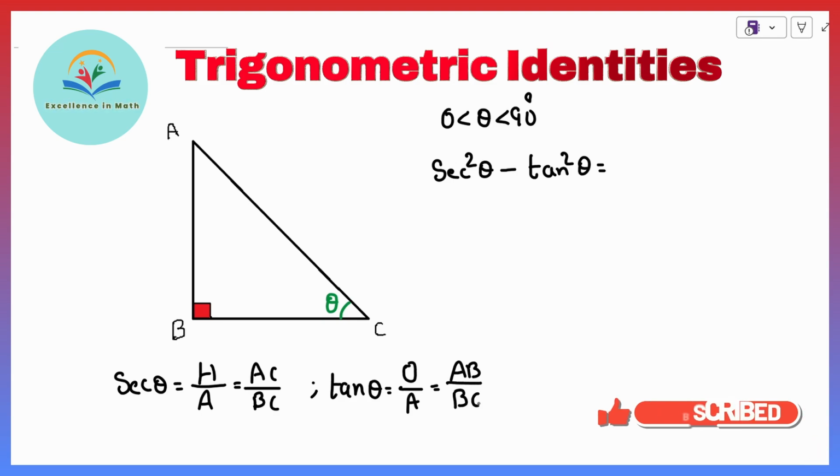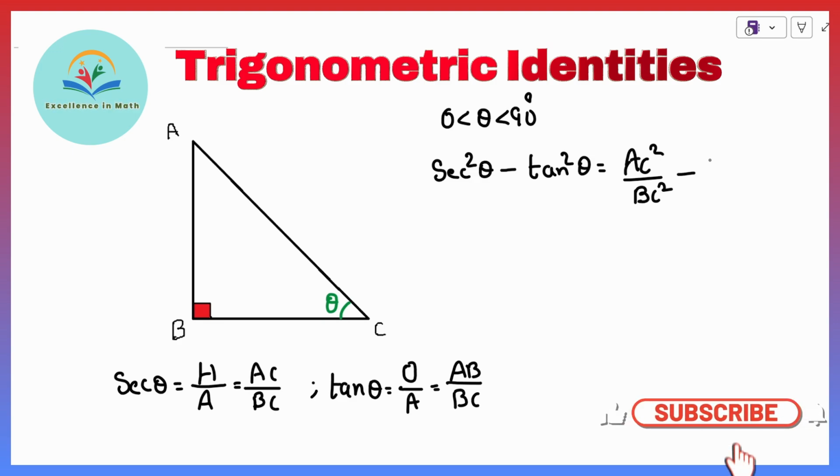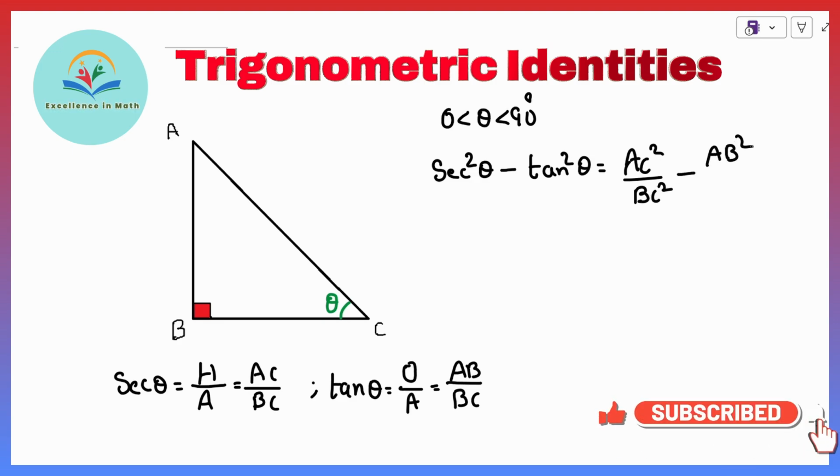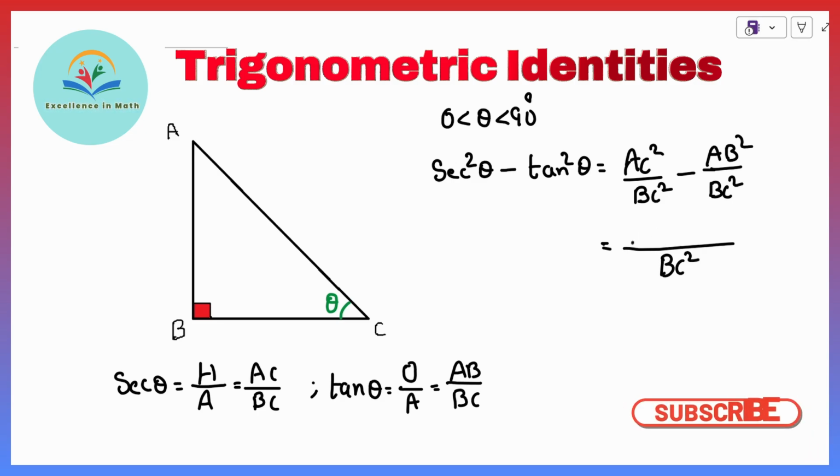Now replace these trigonometric ratios in secant square theta minus tan square theta. That is AC square by BC square minus AB square by BC square. Again we can observe two like fractions here. In case of addition and subtraction of like fractions, we can write this as AC square minus AB square over BC square. Clear?